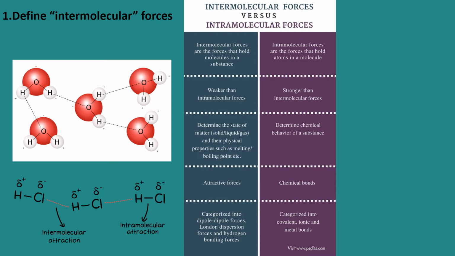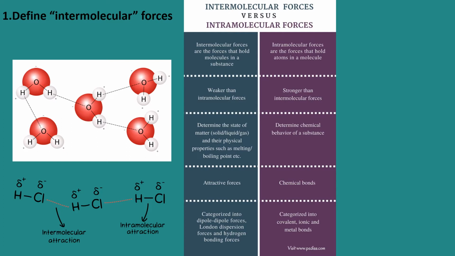Looking at the other picture below the water molecules, we have 1, 2, and 3 hydrochloric acid molecules. For each molecule of hydrochloric acid, since hydrogen has lower electronegativity than chlorine, they tend to have what we call dipole moments.